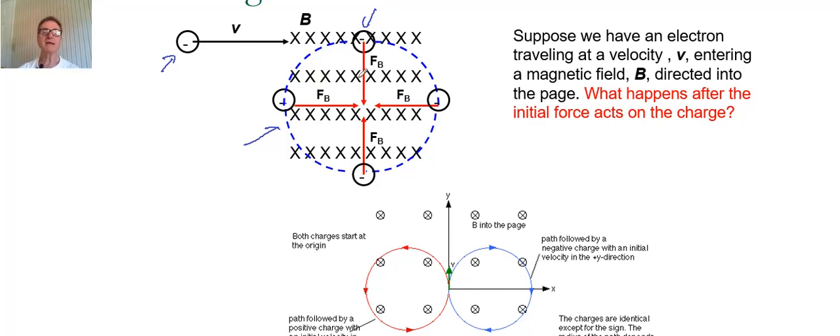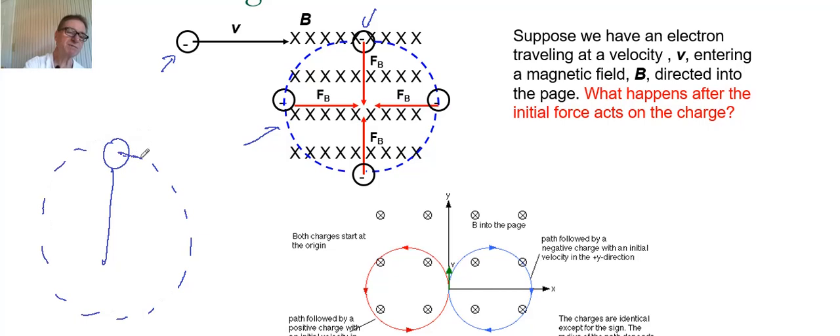Okay, so what's that going to cause the electron to do? What's going to cause the velocity of that electron to change its direction? Think about an object at the end of a string that is moving in a circular path.